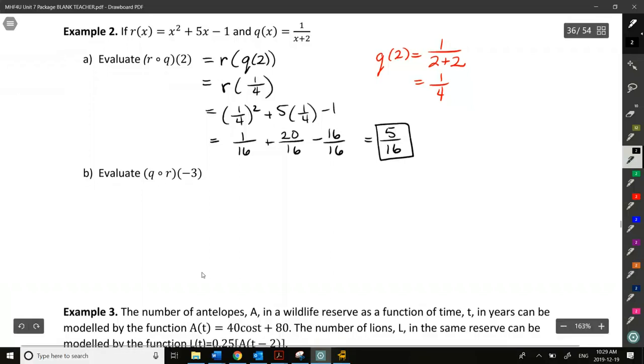Okay, and then similarly for this guy, we're going to evaluate Q where R equals -3. So this is Q at R at -3. So if you want, off to the side, you can just evaluate R at -3. So we're plugging in -3 for all the x's here.